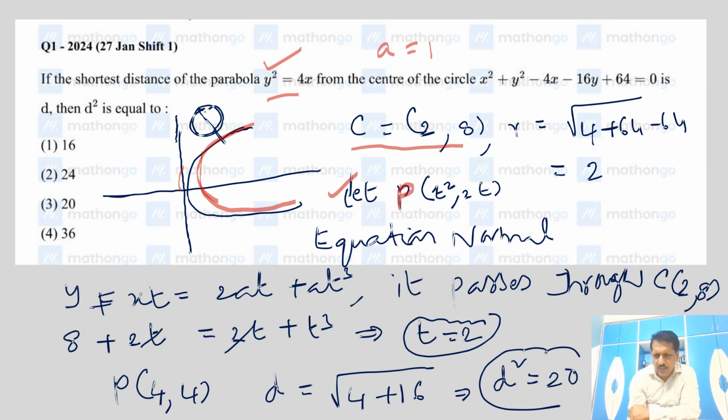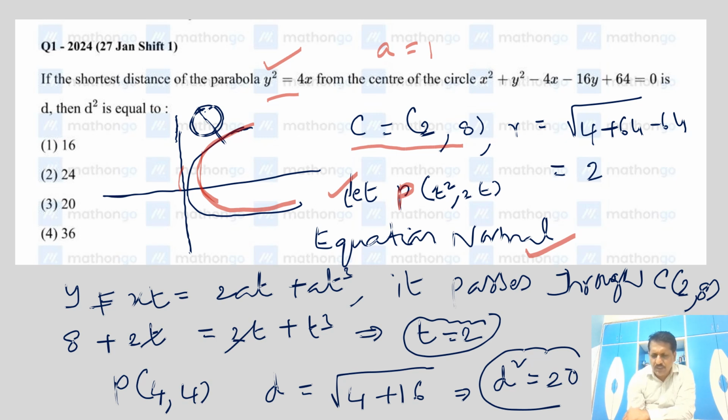We know the formula for the equation of the normal. In the next lesson, I may solve this question by using calculus also. But here I am using the normal equation: y plus xt is equal to 2at plus at power 3. This is the normal equation at any point on the parabola.